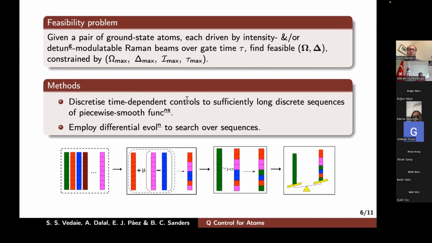Then, I mentioned we discretize. When we make that vector, the length of the vector is m, that's how many pieces we chopped our continuous time into. How many there are is a hyperparameter. Probably most of you aren't aware of the difference between parameters and hyperparameters.